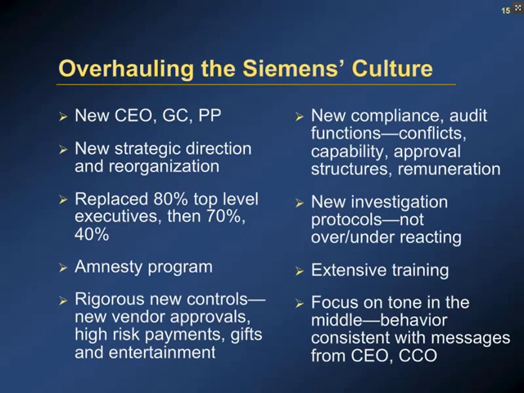We talk about the culture of the organization, and that goes down throughout the organization, and they wanted to see if the behavior in the middle and downstream was consistent with the messages coming from the chief executive officer and the chief compliance officer.